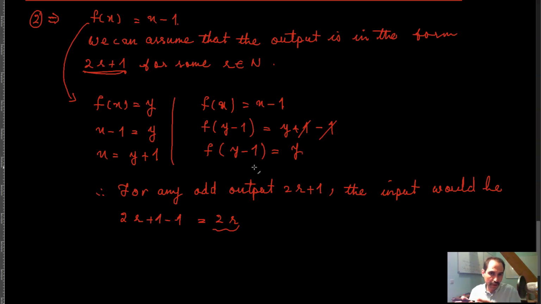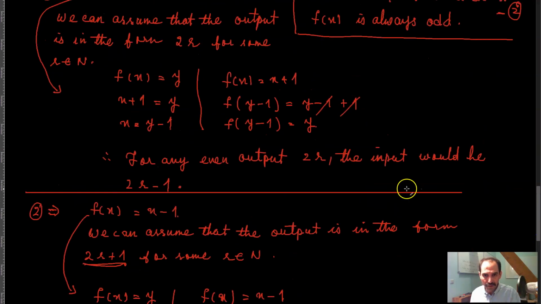All of the odd outputs are being an image of some element in the domain of the function. Over here we established that all of the even outputs are the image of some element in the domain of the function.